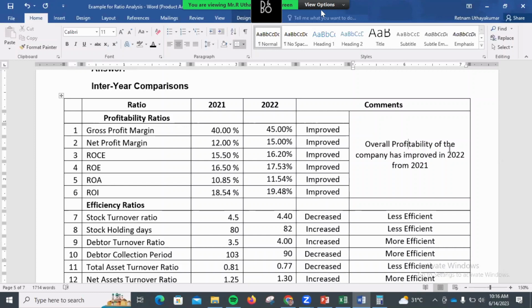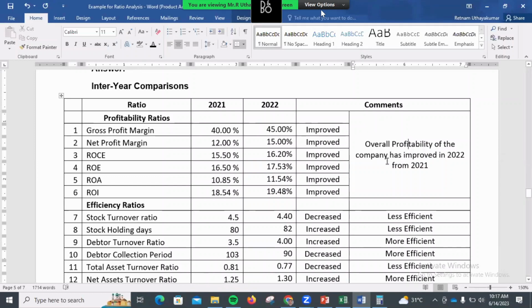So you can write it as improved gross profit margin. Net profit margin improved. ROCE improved. ROE improved. ROI improved. Everything has been improved. So you can write an overall profitability comment.